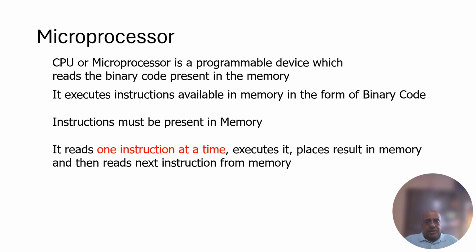A microprocessor reads one instruction at a time, executes it, places the result in memory, and then reads the next instruction from memory. So the microprocessor is continuously connecting to memory, getting its instructions from the memory, executing those instructions, and putting the result back into the memory.